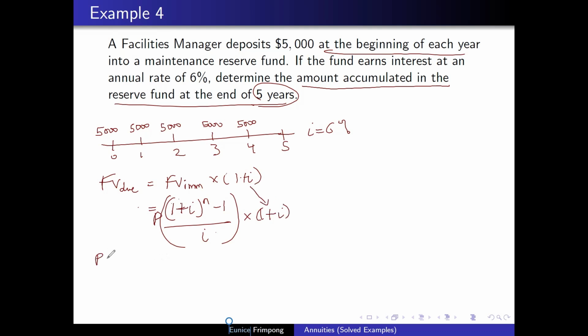So what is my P? P is 5,000. i is 6%. n is 5. So I can fix this in.